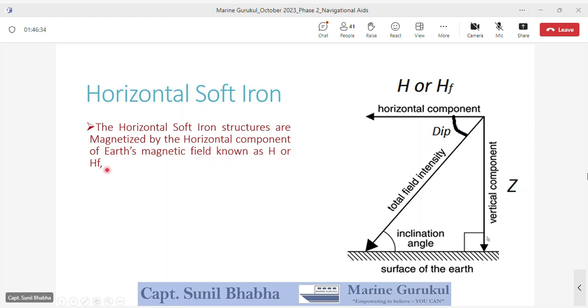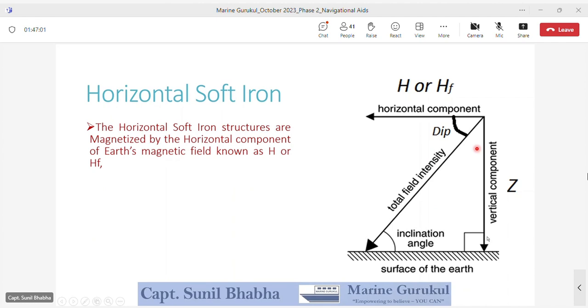Now, when we discussed the magnetic field of the Earth, we discussed that at any particular place on the Earth's surface, the total magnetic field intensity represented by this slanting vector can be divided into two components: the horizontal component known as H or HF and the vertical component known as Z.